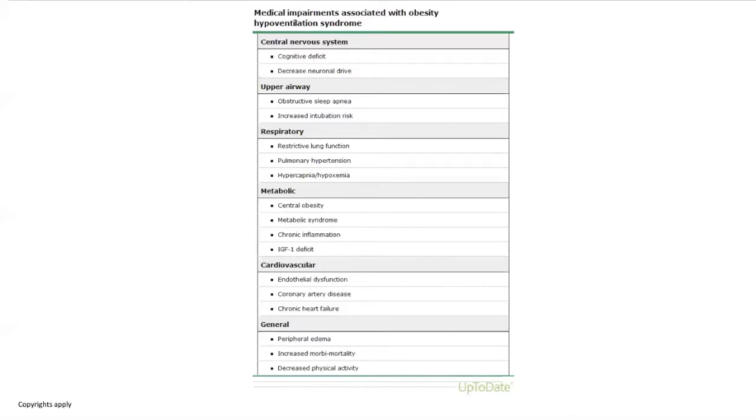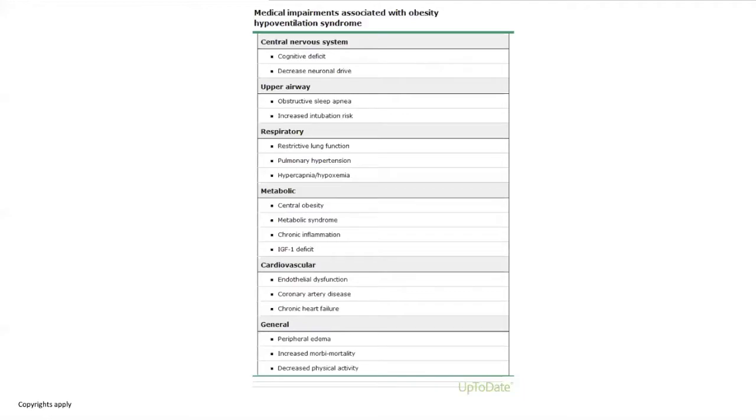This is a slide about some medical impairment associated with obesity hypoventilation syndrome. There may be CNS like cognitive deficit, memory loss, and decreased neuronal drive, and upper airway obstructive sleep apnea and increased intubation risk, respiratory restrictive lung function, pulmonary hypertension, hypercapnia, hypoxia, metabolic central obesity and metabolic syndrome or syndrome X, what they call.